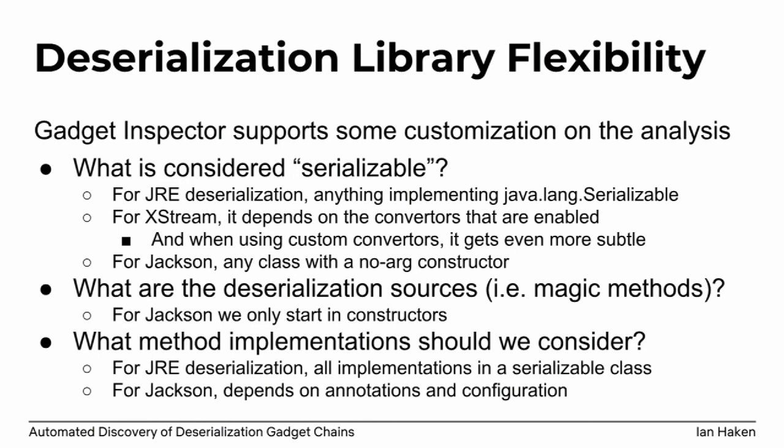Different deserialization sources exist, with different matching methods between different libraries. Again, parameterizable in step 4. And what method implementation should you consider? For something like the JRE ObjectInputStream, that's basically any implementation you want, but for something like Jackson, there's annotations you can put on methods that determine what data types can be used for those member values. So it depends, and all of that's parameterizable in this analysis.